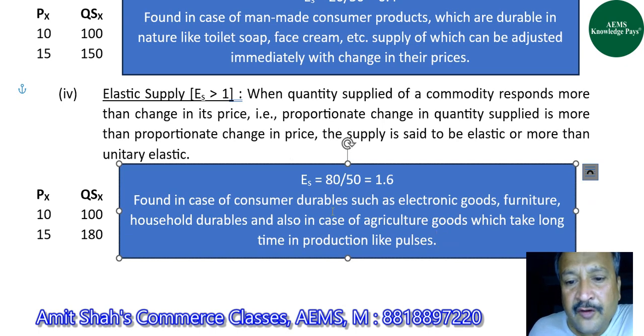So elastic supply is found in case of consumer durables and in case of some agricultural goods which take time in production, like pulses.